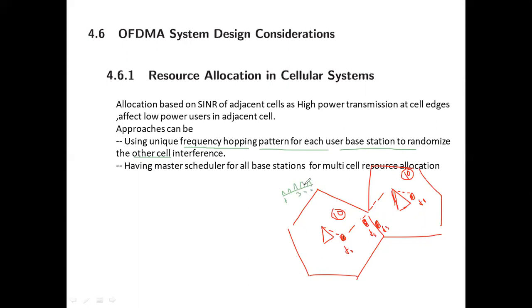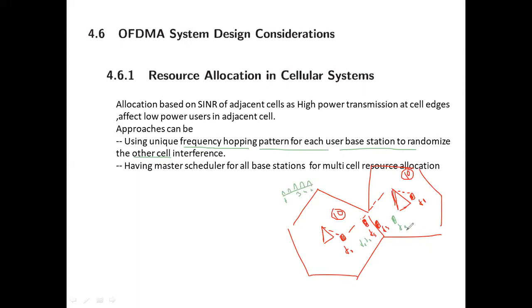So the frequency allocation for this particular user keeps on changing, say F1 maybe, then F8, then F3, it keeps on hopping, so that the user who was going to be affected earlier continuously by one frequency, say only F3 was being used here.